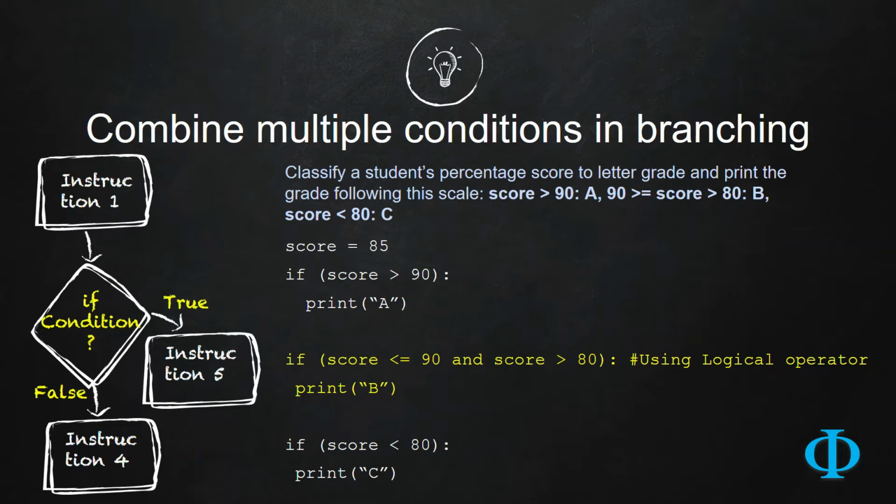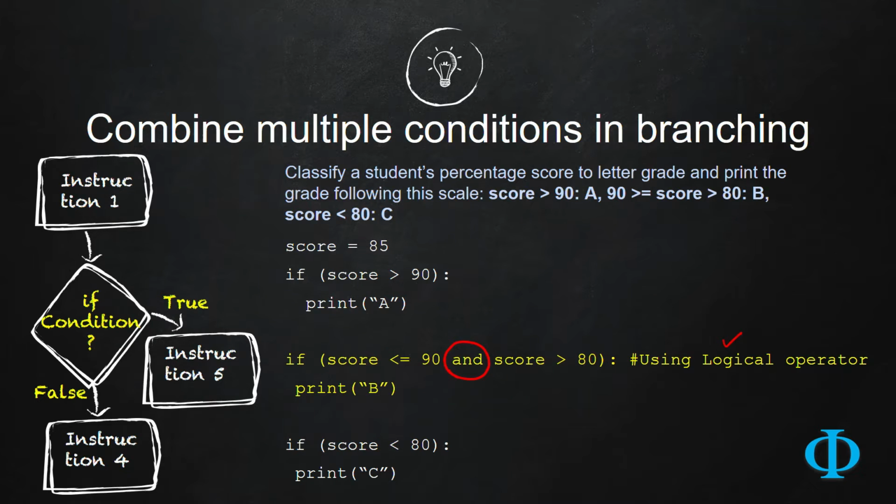Now this type of scenario may happen in the programming context also, where you need to check two different conditions before taking a branch. And in the program, you can do that utilizing the logical operators, such as an AND operator or an OR operator, something like this.